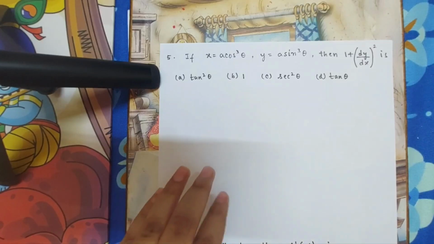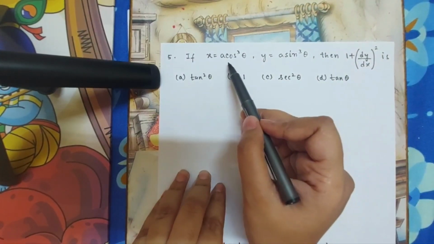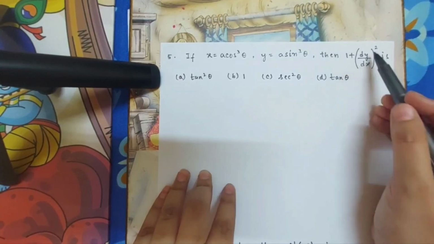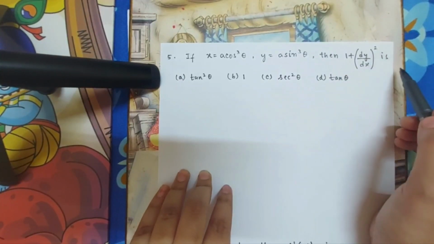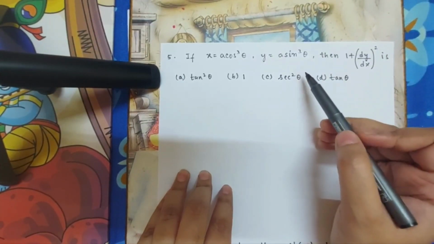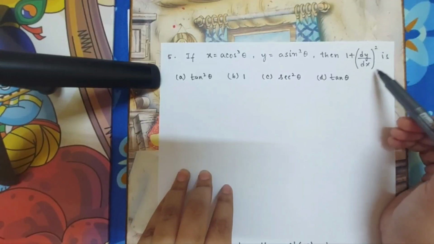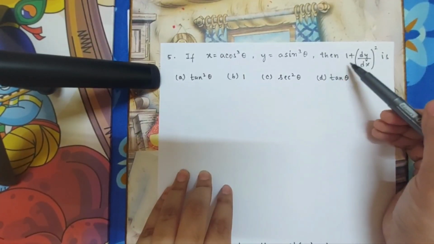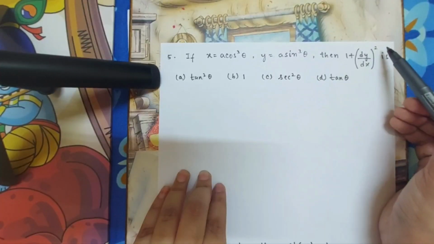Our next question is, if x is equal to a cos cube theta, y is equal to a sin cube theta, then 1 plus (dy by dx) square is. In this question, first we'll be finding the value of dy by dx, substitute the value, and we will find the value of 1 plus (dy by dx) the square.